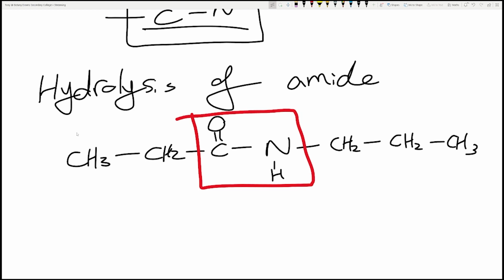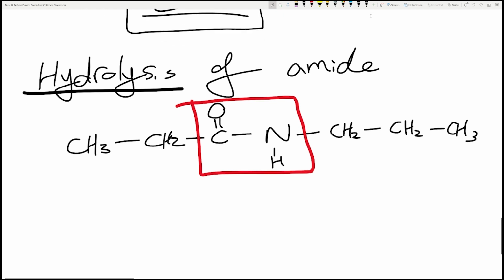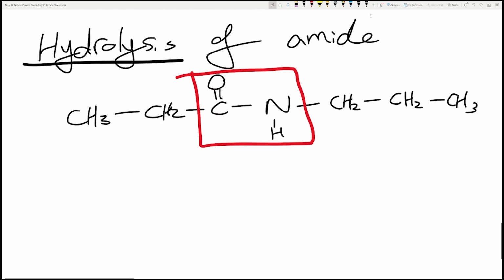So if we do hydrolysis, what's hydrolysis? Hydrolysis is the breaking of the longer molecule into two smaller molecules by using water. So you're inserting water into this molecule, right? The first thing that you should always do, whenever you see COO or CON, just grab a pencil, grab a pen, just draw a line there.